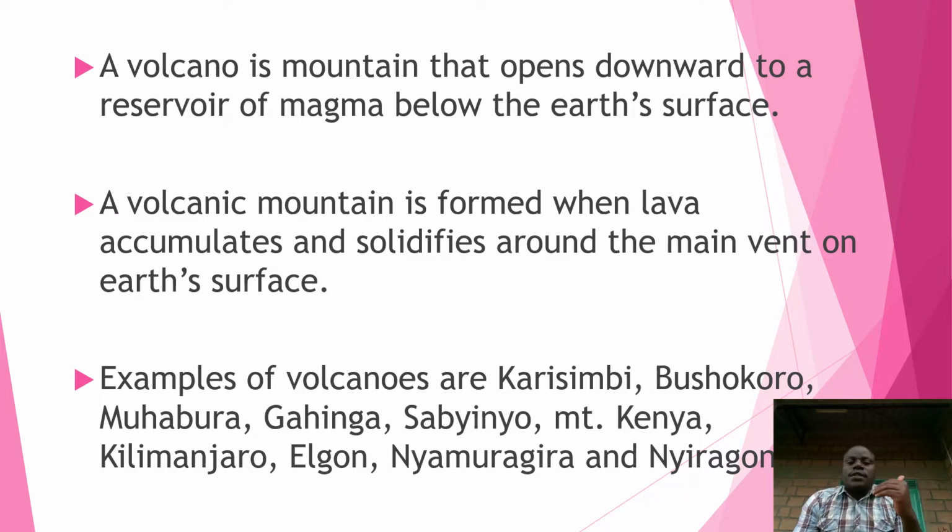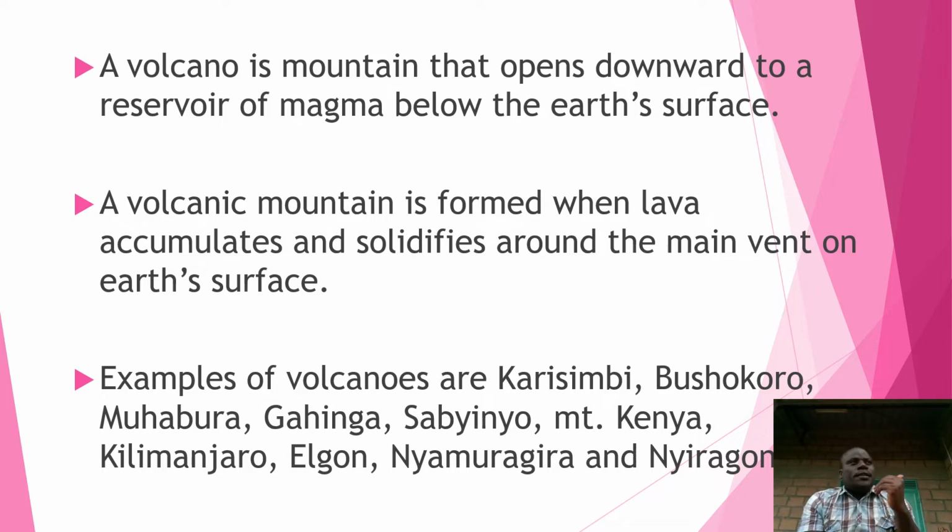When we talk of a reservoir of magma below the Earth's surface, we mean the chamber of magma within the Earth layers. So when magma protrudes from the Earth layers and piles on Earth's surface around the vent or around the main pipe, it forms a volcano.